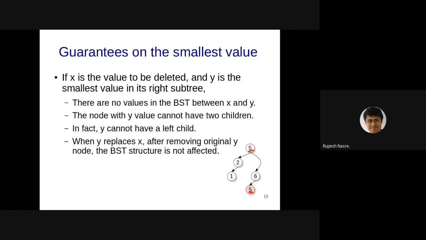So that should be understood, because the one that you are replacing is the next larger value than y. So when y replaces x after removing original y, the BST structure is not going to get affected, right? So this is the crux of the observation, and once you have this observation, then by and large it is going to be implementation.